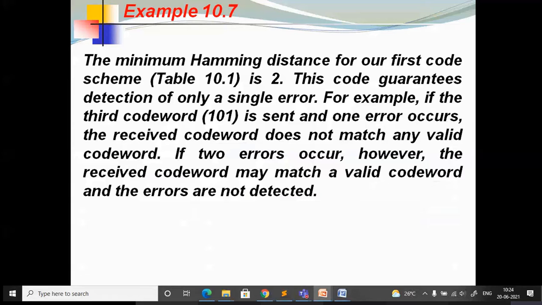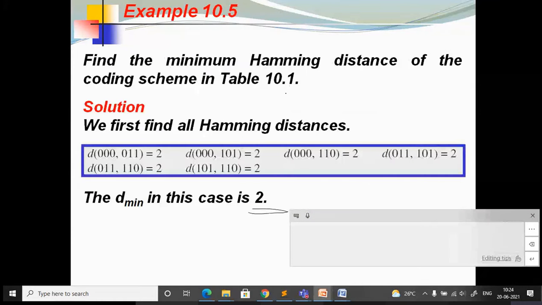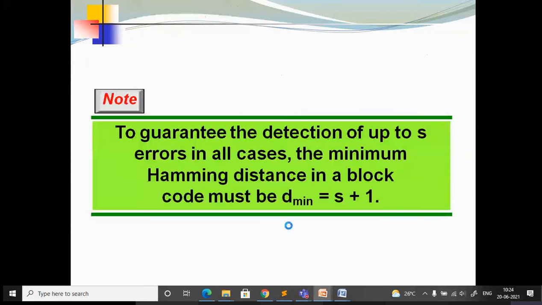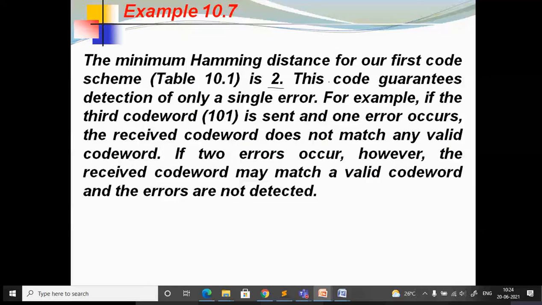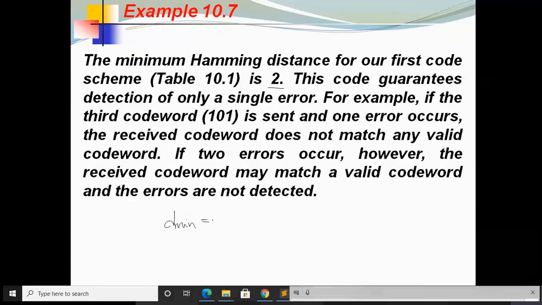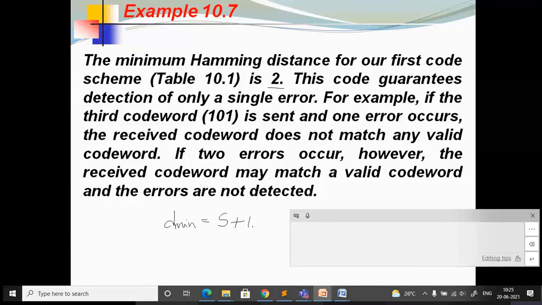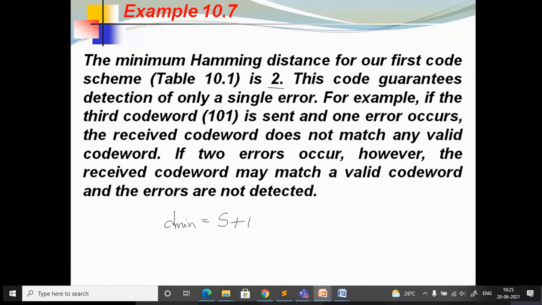In table 1, the minimum Hamming distance we calculated is 2. In the previous slide I showed the Hamming distance we calculated for table 1 is 2. So this code guarantees the detection of only a single error. I told you d min is equal to S plus 1, that is the formula, and it ensures that it can detect up to S errors.